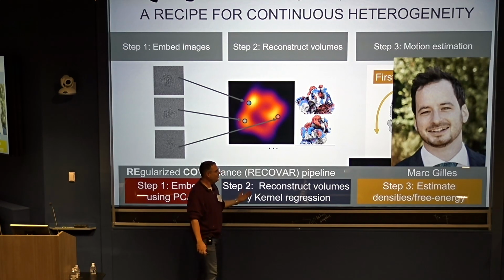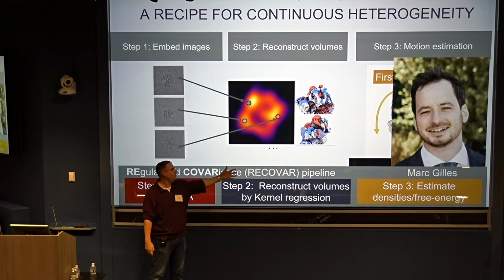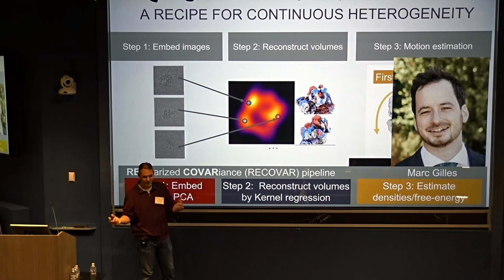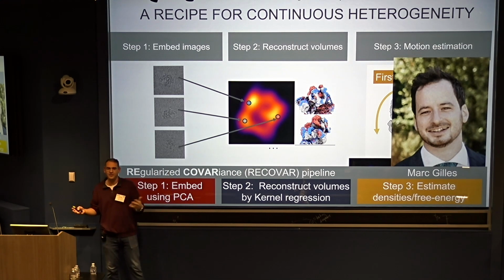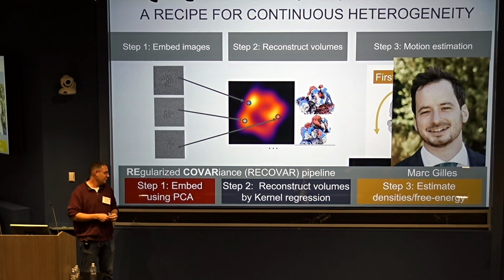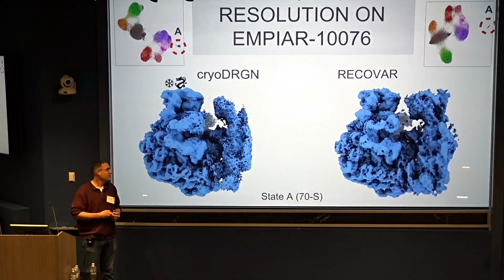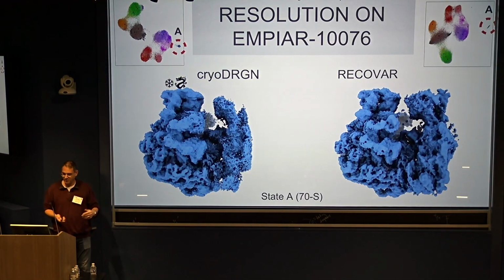And step three, we just estimate the densities. We know from Boltzmann statistics how to relate the density and free energy with the potential, and then find the transition path by solving a PDE. That's what we do, and let me show you some comparisons.